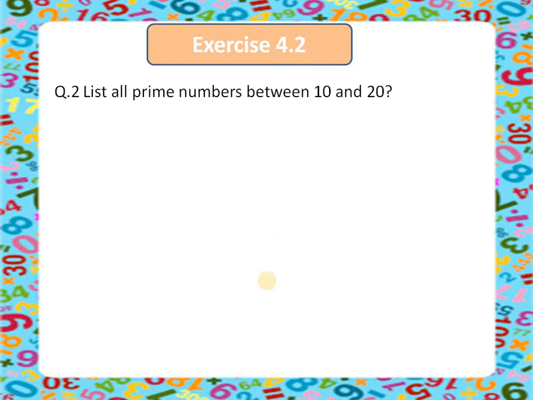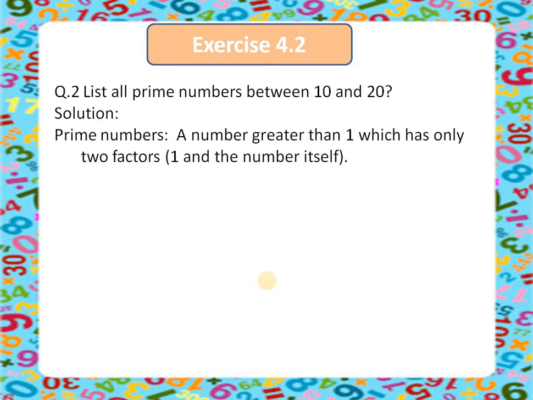Question number 2. List all prime numbers between 10 and 20. You have to find out all the prime numbers coming between 10 and 20. So, again repeating the meaning of prime number: a number greater than 1 which has only two factors, 1 and the number itself.